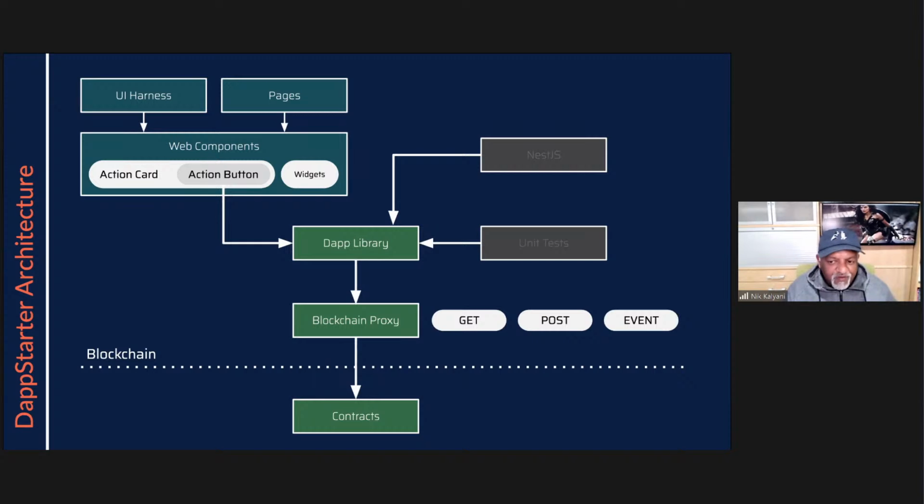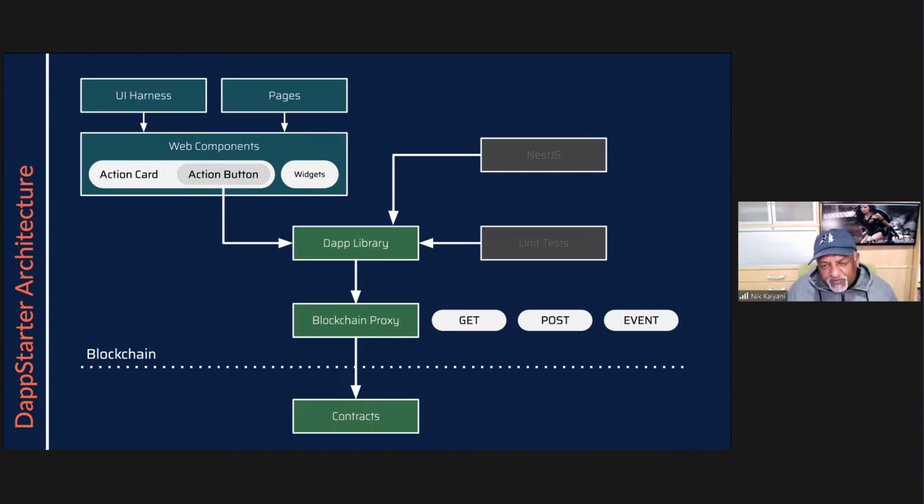So you've got a get for reading, and you've got a post or put for updating, and then you've got events. So blockchain proxy, then above it is DAPLib. So most of the changes or customization you would do is in DAPLib or DAP library. And also DAP library is what is called when we run our unit tests.